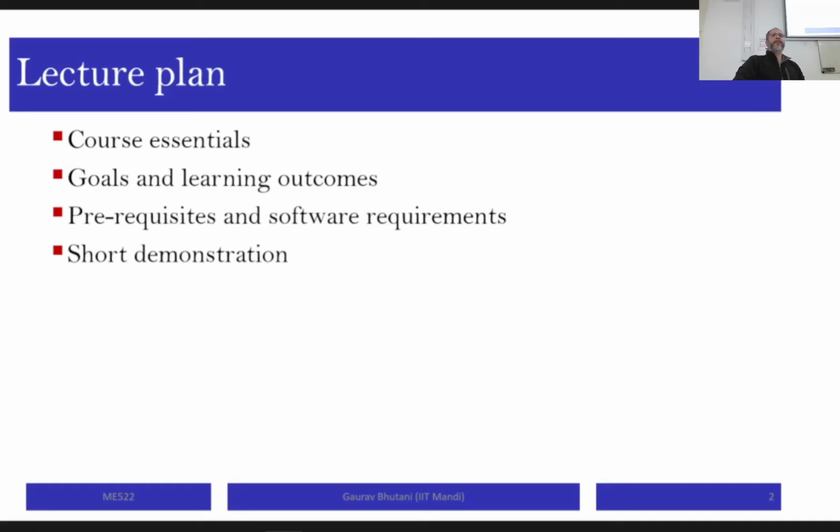It's a lab-based course, so we'll make sure you are given everything in the lab. But we'll talk about these requirements in case you want to run these problems at home. And I'll also give you a short demo so that you get a flavor as to what sort of key skills you'll be learning or what kind of codes you can develop in this course.